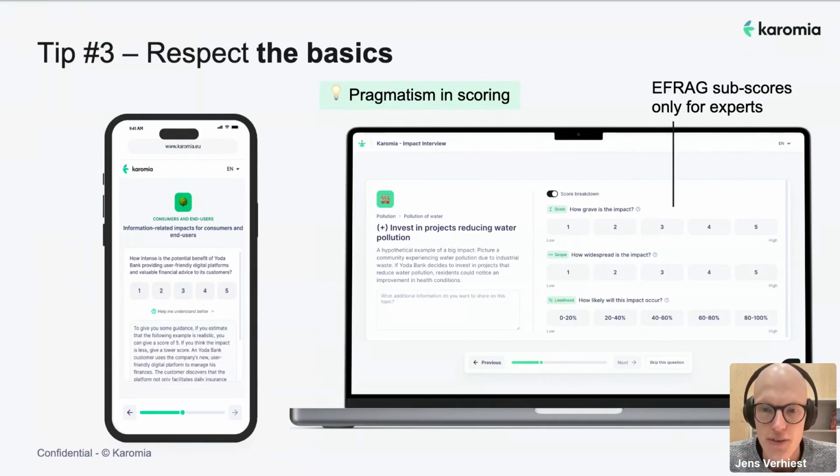So do not try to take too many shortcuts and focus on just one score, but don't go to the other extreme either and have people answer all of the subscores, because they will not be able to. So find that good balance in the middle, and that will be the best for your assessment as well.